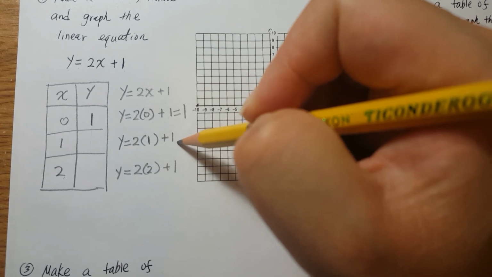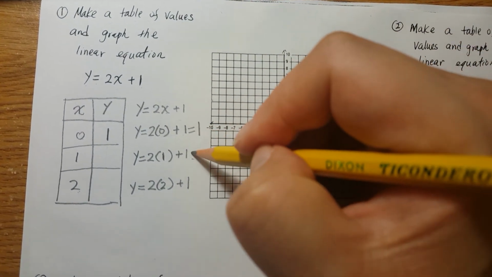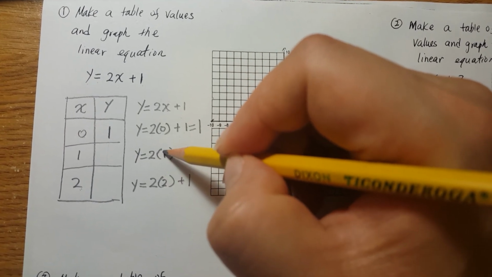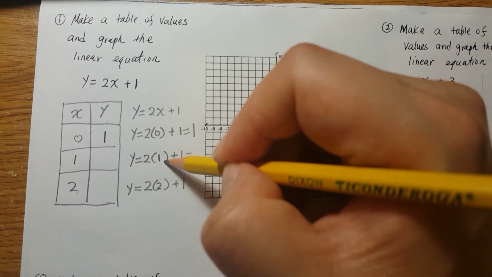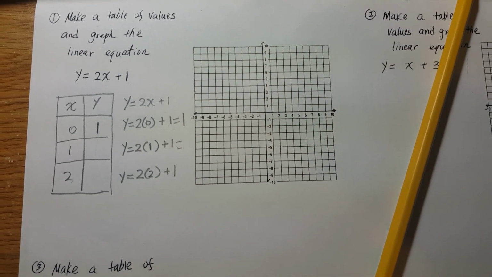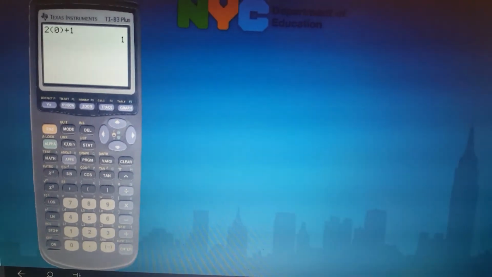I'm going to type in this next one into the calculator and see what I get. I have to do 2 open parentheses 1, close parentheses, and plus 1. All right, now I'm back to my computer.